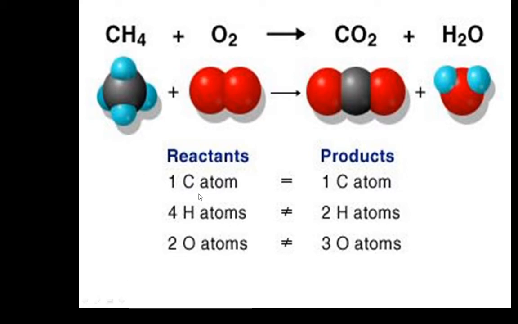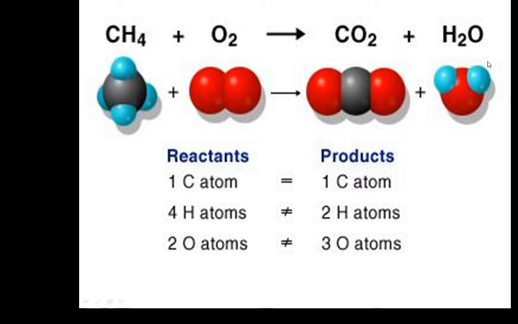One carbon, yes, one carbon. In the product there is also one carbon. Here H4 means how many hydrogen? 4 hydrogen. Okay. O2, how many oxygen? 2. So 1 carbon atom, 4 hydrogen atoms, and 2 oxygen atoms.